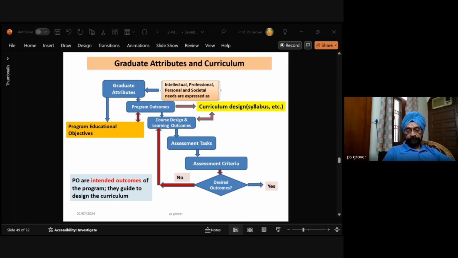At present, they have sent it to selected people for their feedback, and then they will proceed. At present, they have not specified any time frame. But you're right, it's under revision, and in place of 12 POs, they have now made 11 POs.